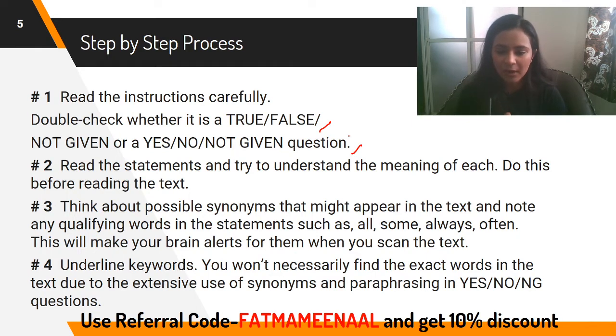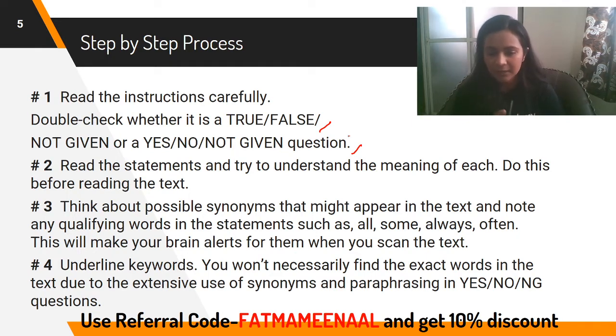Because in your yes, no, not given question, it is the opinion of the author, the point of view of any particular person that is mentioned. It is never the factual information that is given in the question statement. So if you start finding the factual information from the question statement in the passage, then you're going to waste a lot of your time, right? Because in true, false, not given, what happens?